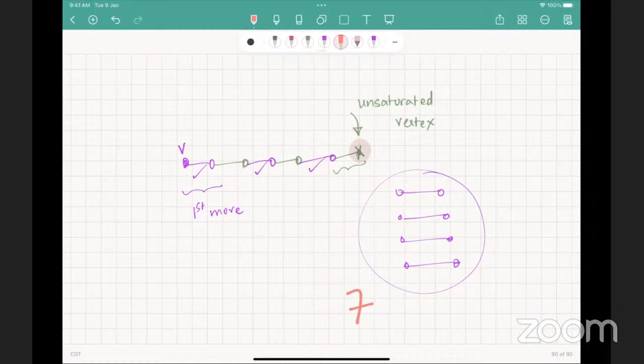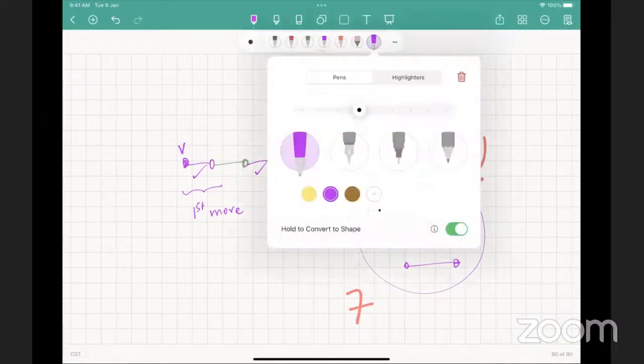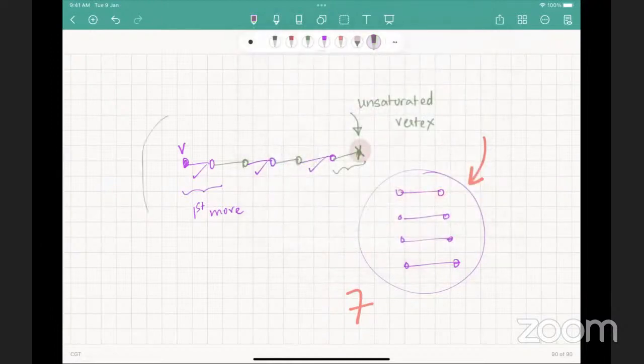Now you can probably see where this is going. What I'm going to propose is that we augment this part of the maximum matching using not the purple, but the green edges from this part of the graph. So here is where the game has already been played. So I'd say let's pick the green edges. Notice that the green edges are all disjoint because they were alternating here.